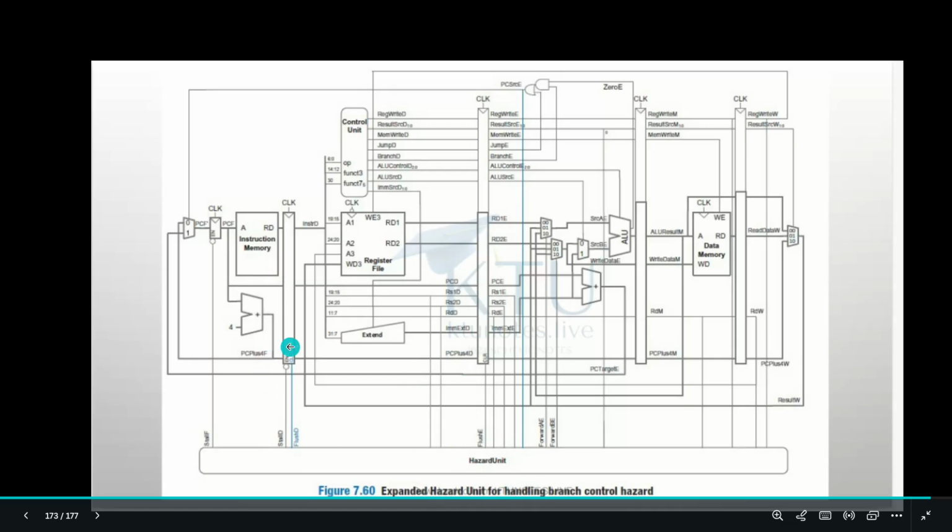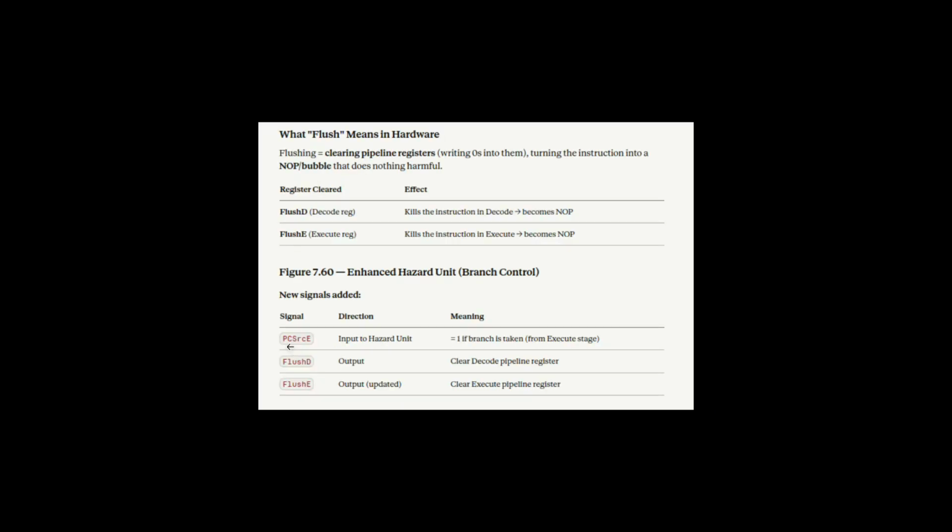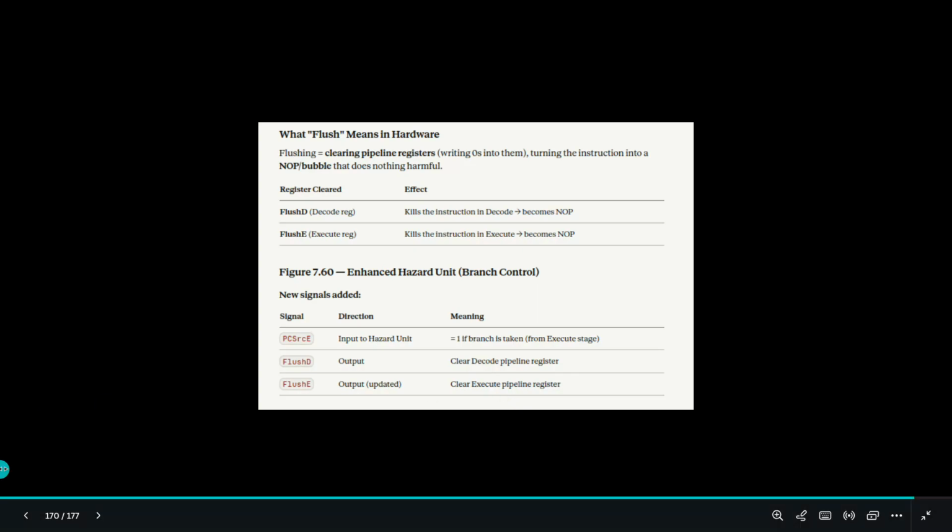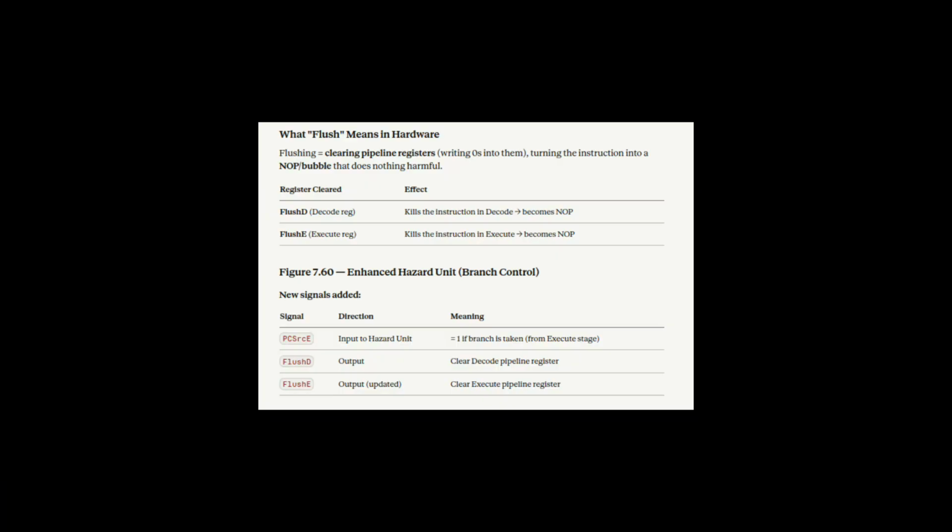So the main thing to understand here is that PCSrc is the input to the hazard unit, and flush D and flush E are outputs, because we are clearing the decoding pipeline and the executing pipeline. If the PCSrc value is 1, what does it mean? The branch is taken. PCSrc decides whether we take the branch or not.